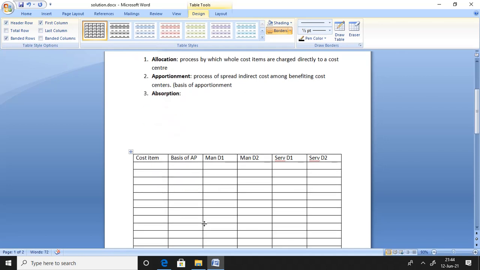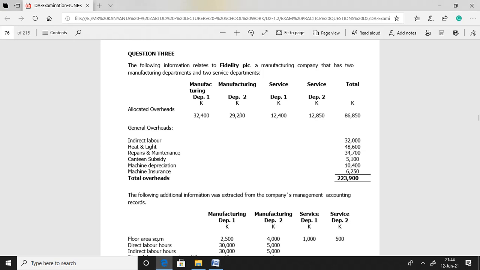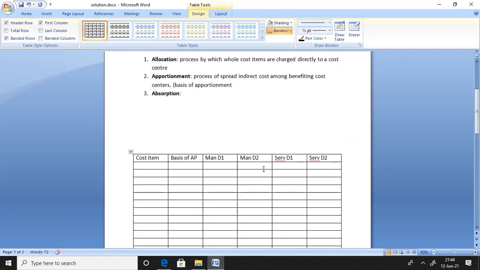The first cost that we have according to the question are simply allocated costs. Allocated costs are going to be picked the way they are. So just pick 3,000, 32,400, 29,200, 12,400, and we take those figures the way they are.